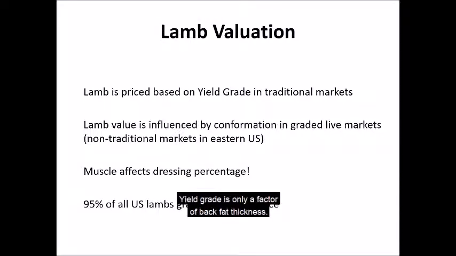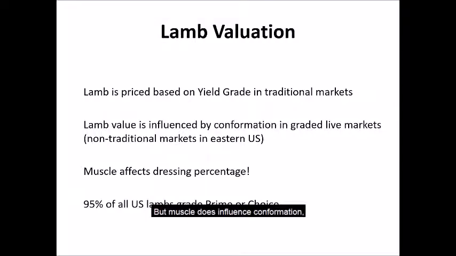Okay, yield grade is only a factor of back fat thickness, but muscle does influence conformation, so it is going to influence price in many of our local markets, and it also affects dressing percentage.